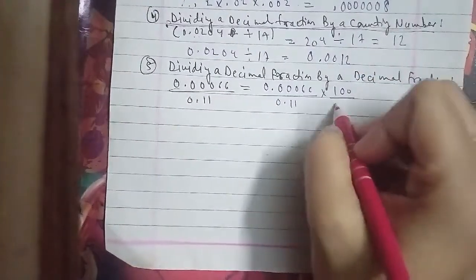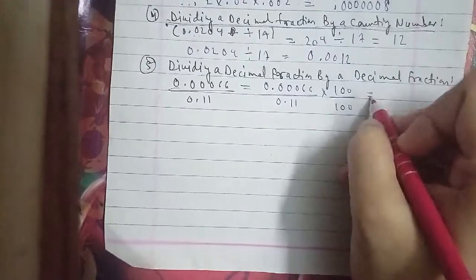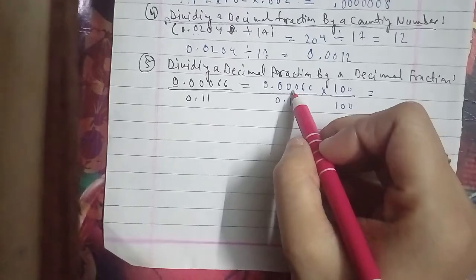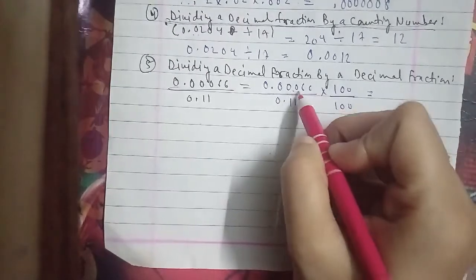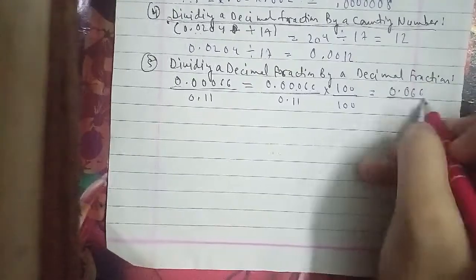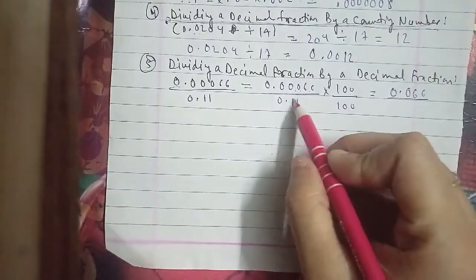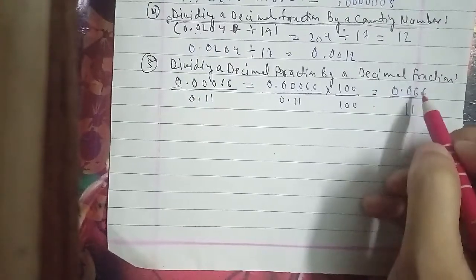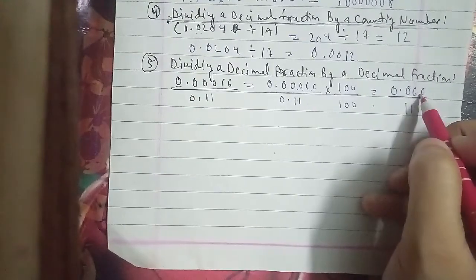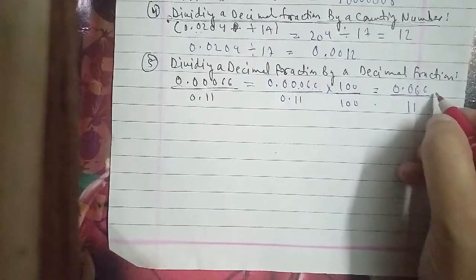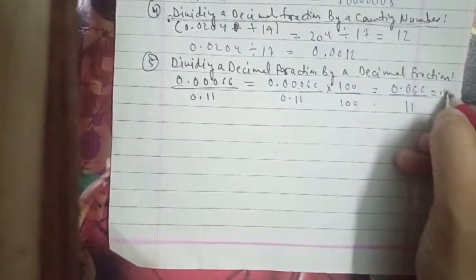So the numerator will be shifted and become 0.066, and the denominator becomes 11. When 0.066 is divided by 11, 11 sixes are 66, so 0.06 will be the answer. 0.006, yeah, that will be the right answer.